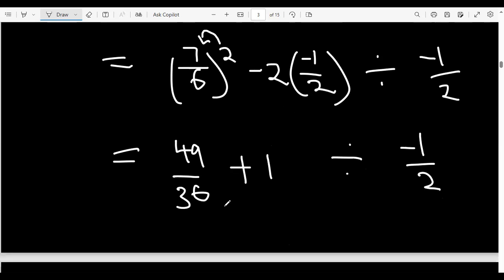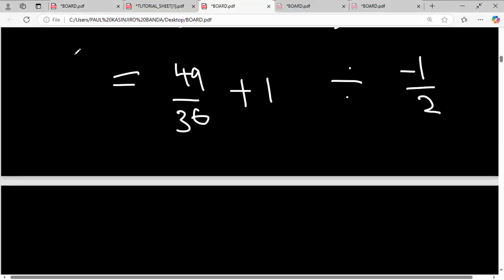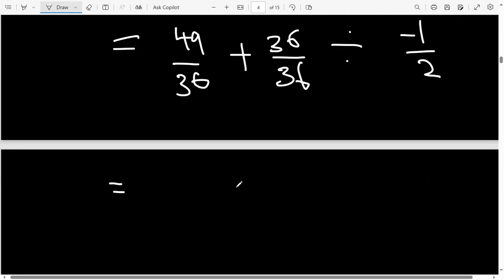Okay, so now let's add these guys here. That one there, we can express it in terms of 36. We can say that one is the same as 36/36, so that I have a common denominator here. So this is going to be equal to, common denominator here will be 36.